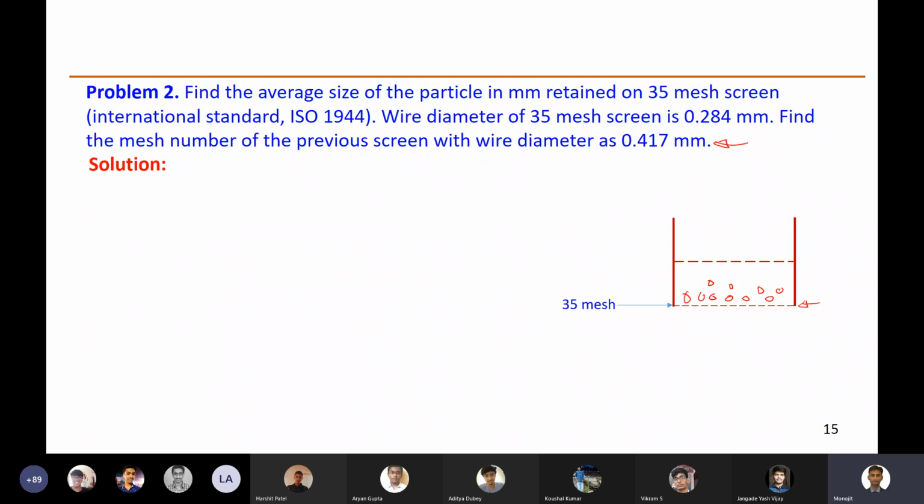Once you get that, what would be the mesh number? Again, the same formula you can use. Now you know the aperture, and the wire diameter is also given as 0.417, so you can find out the mesh number. So what mesh number did you get for the previous one?